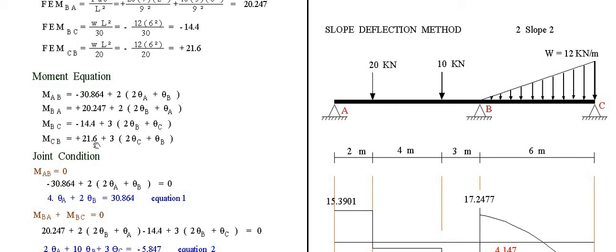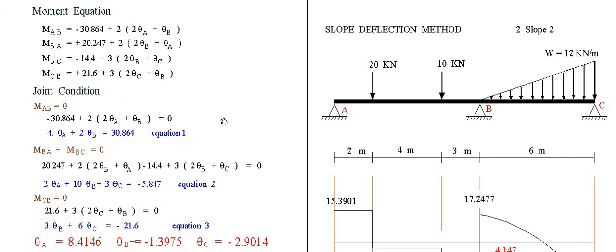This is minus 14.4 plus stiffness of 3 times 2 theta B plus theta C. CB, fixed end moment of 21.6 plus stiffness factor of 3 times 2 theta C plus theta B. Okay, C then B, C then B. Always twice the theta, then another theta.